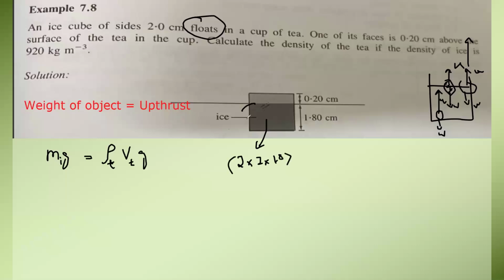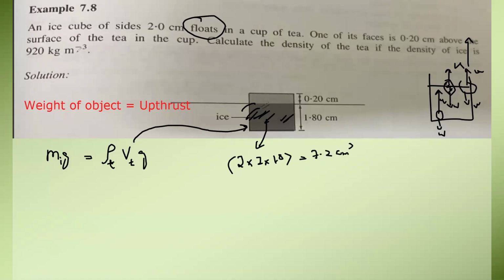How much tea will be displaced by this? Because two of the sides are 2, but one of the sides is 1.8. So this is the volume of the tea which is displaced. 2 multiplied by 2 multiplied by 1.8. So 2 multiplied by 2 is 4, then 4 into 1.8 gives 7.2 centimeter cube.